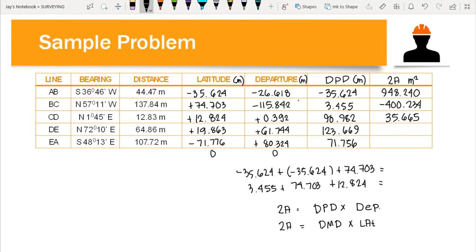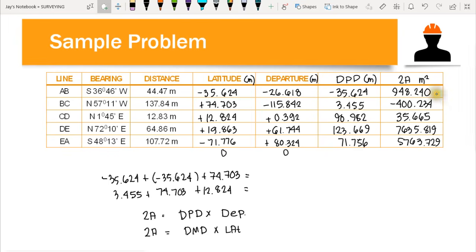Then we have here 7635.819. And lastly, we have 71.756 times 80.324. This would give us 5763.729.